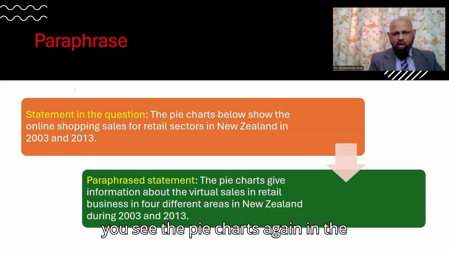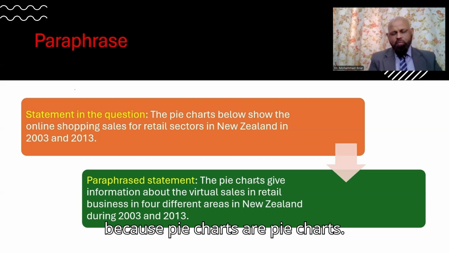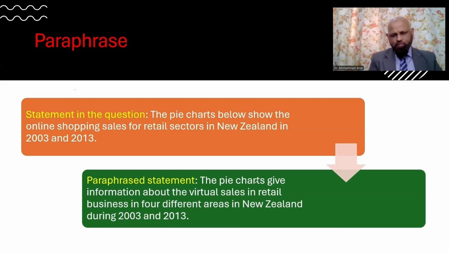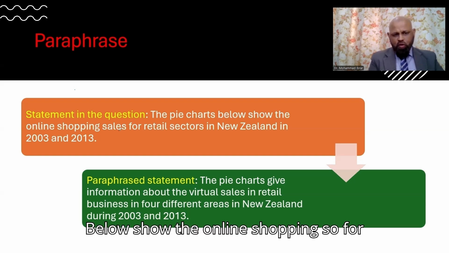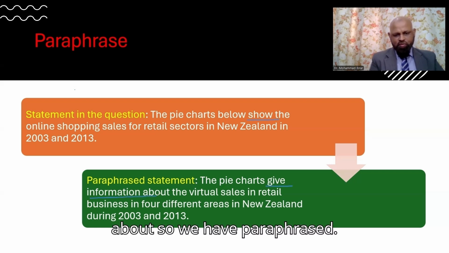So the pie charts, you can't change them, because pie charts are pie charts. Below show the online shopping. So for show, what do we say? Give information about. So we have paraphrased.